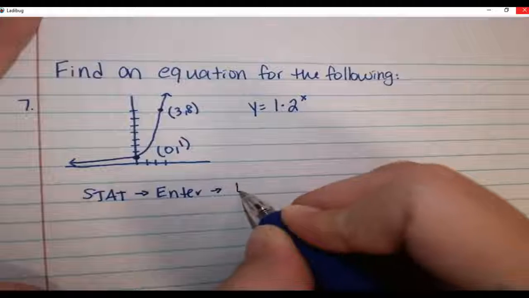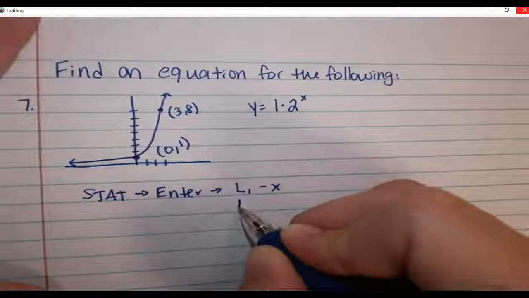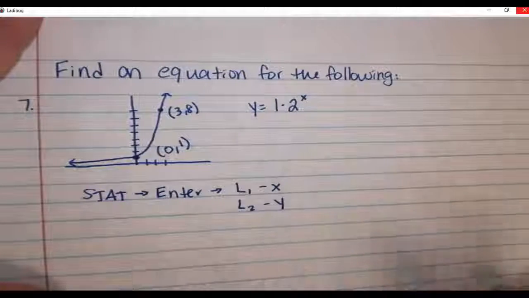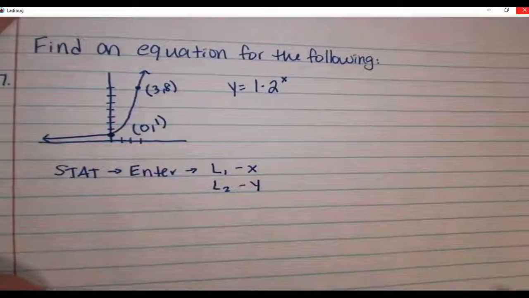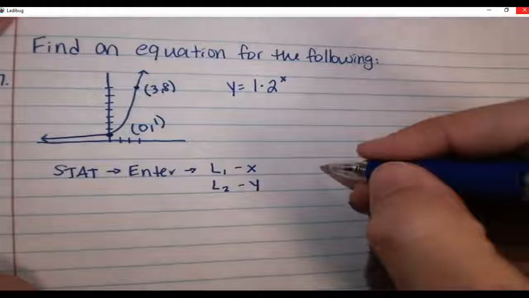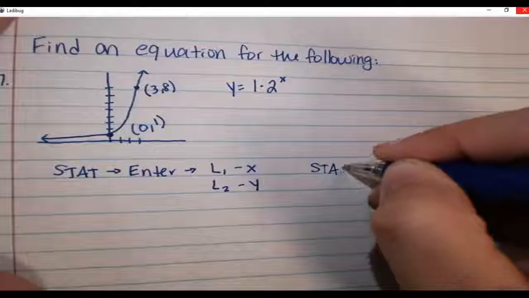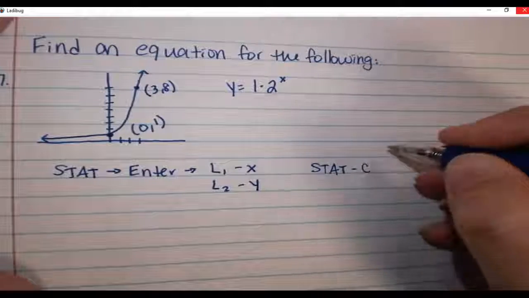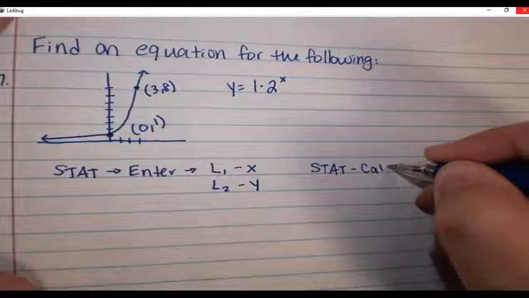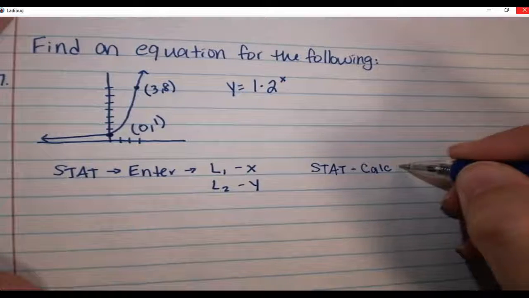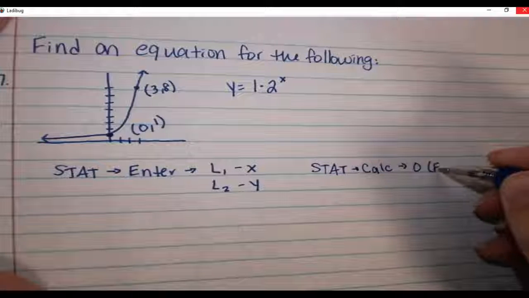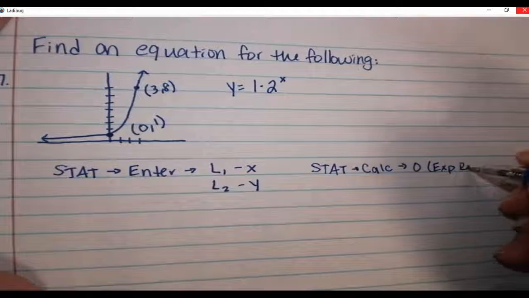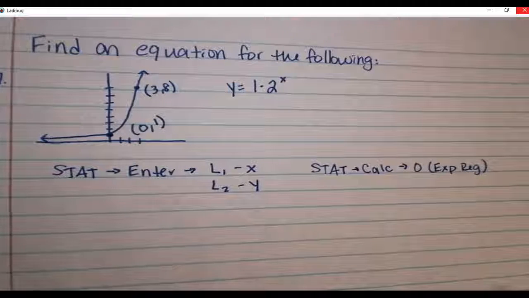And then in L1, you put your x's. In L2, you put your y's. Then you go back to stat, over to calc, and then you want number 0, which says exp reg. So exponential regression.